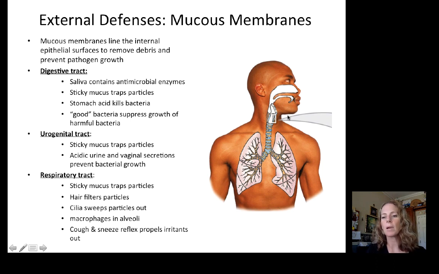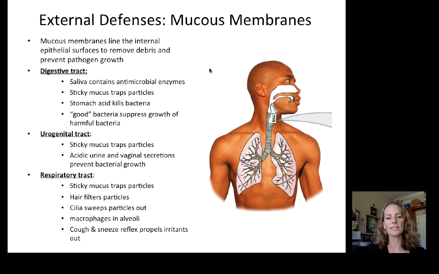These mucous membranes are a major site of external defense. They line these internal epithelial surfaces to remove debris and prevent pathogen growth. We have to have openings in these regions of the body, and if we have these openings, they need to be protected.